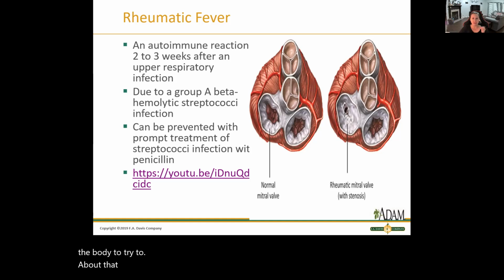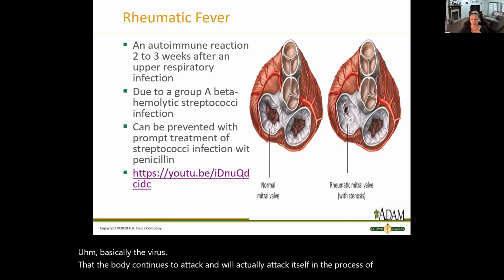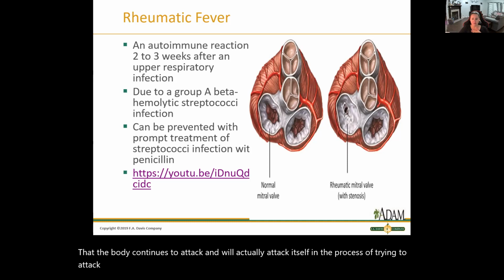And if strep is left untreated, basically the body continues to attack and will actually attack itself in the process of trying to attack the strep, and then we can have damage to our heart valves, rheumatic fever.